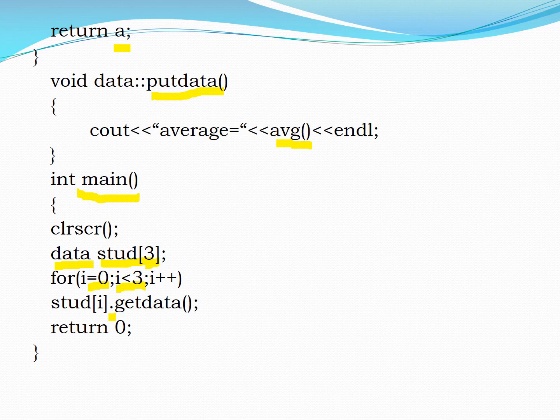In that get data, we have called the function put data. Once put data has been accessed, it is going to display the array elements. For example, I'm going to accept three students' data. We'll see how the output looks by using an array of objects.